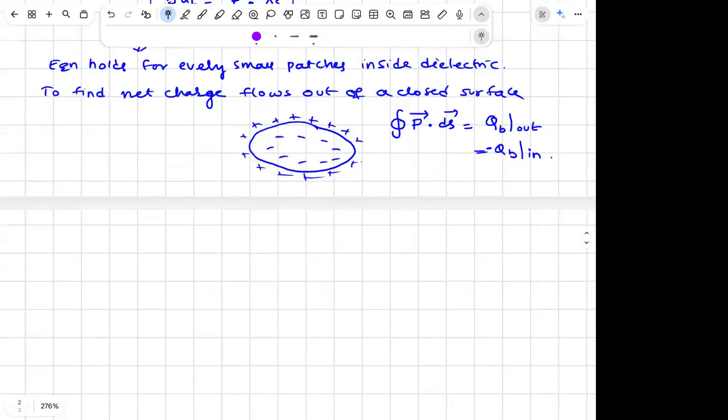Next, we know susceptibility. Polarization is a consequence of the field applied by you. You have applied some field; the consequence is polarization. The cause is the electric field, the effect is polarization. So you should relate that.